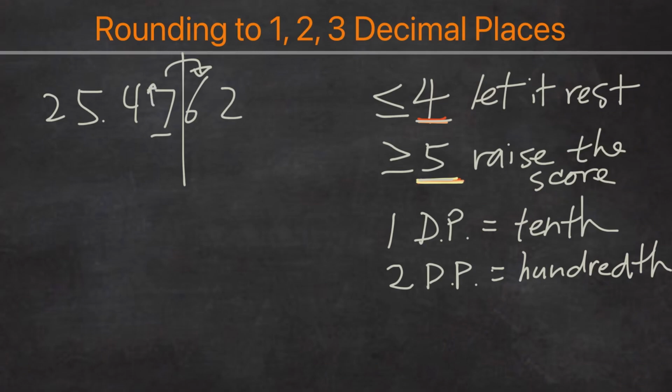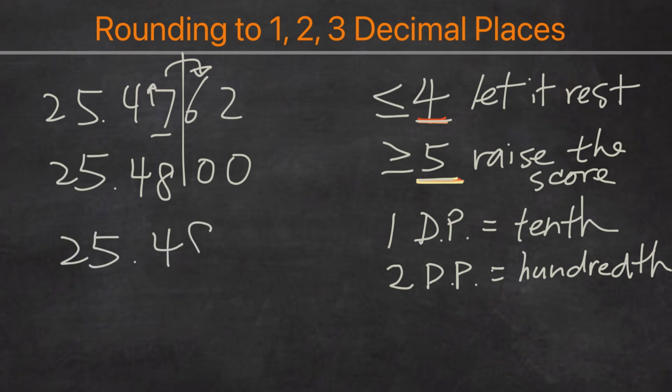So we're going to raise the 7 to 8, and anything after will become 0. And so our answer will be 25.48.